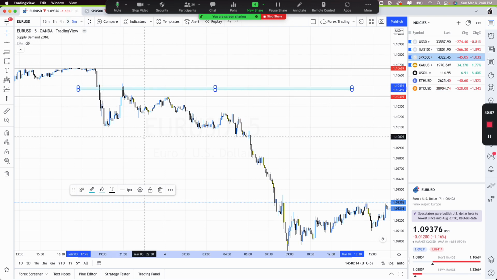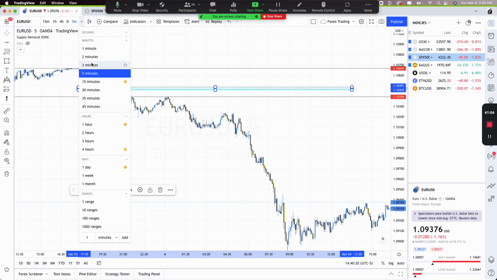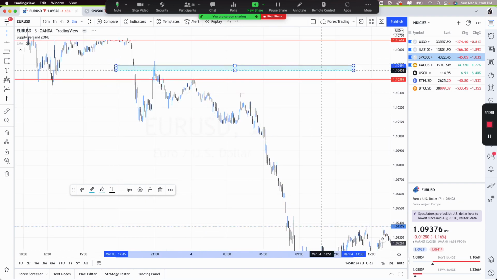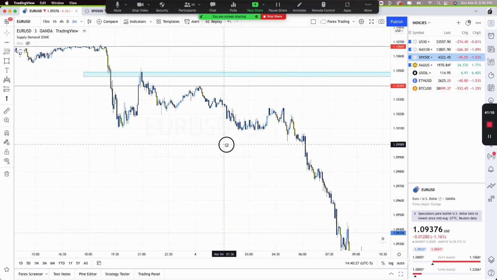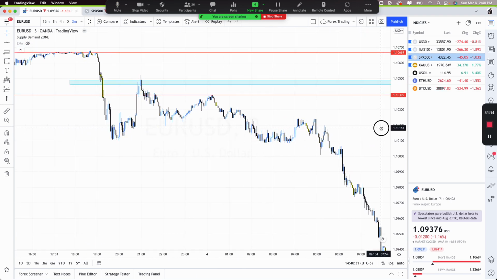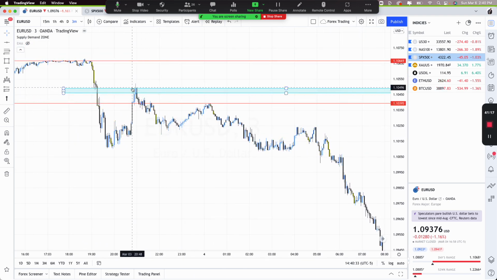So I mark up this level. This is on the 5-minute. As soon as price comes up into this area, let's drop to 3. Come back over. As soon as the market comes back to this area and makes a move down, I'm in there.